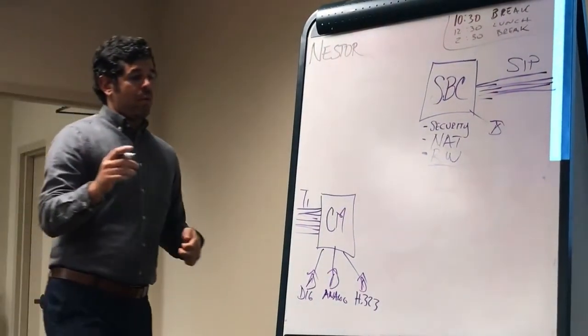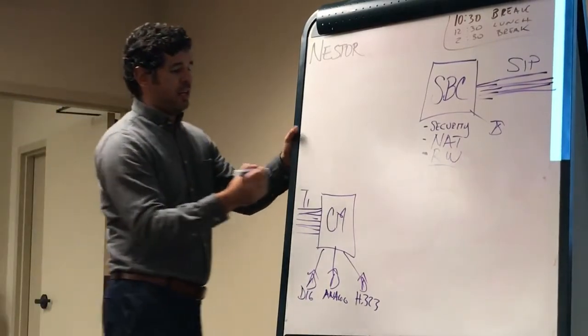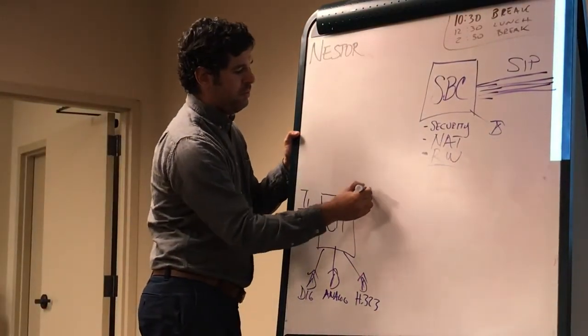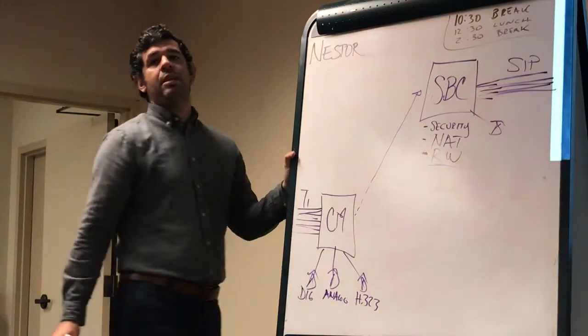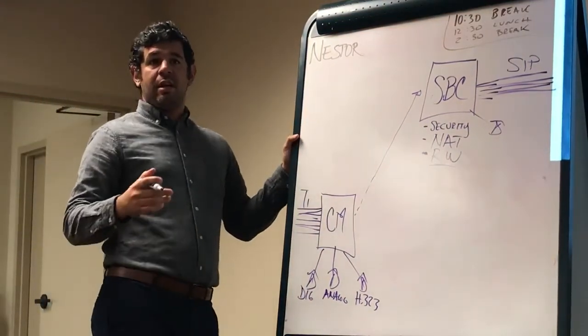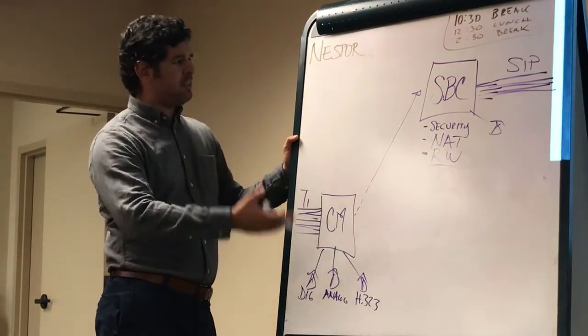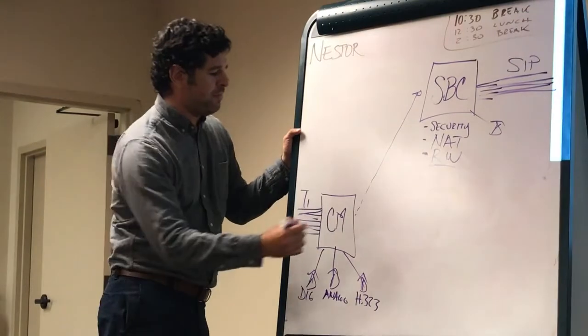Okay? What a lot of people don't know is that at this point, you could eventually connect your CM directly with the SBC. CM supports direct SIP trunking since release 4. So we could connect CM with the SBC, no problem.